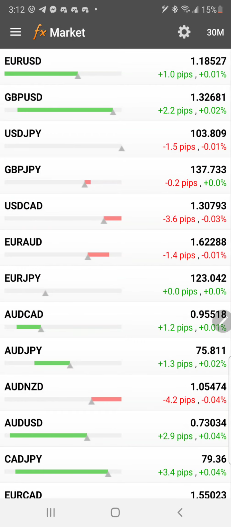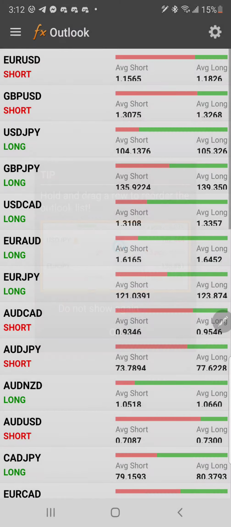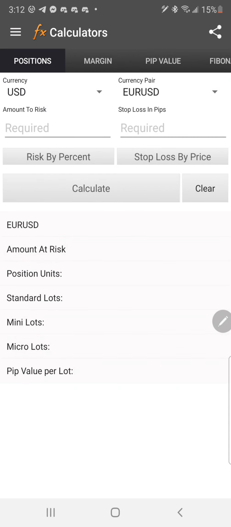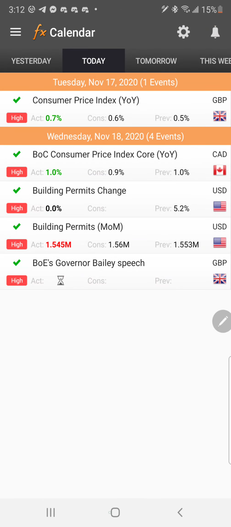And you can kind of get a good look at what the market is doing, how many pips within certain markets are moving, and you can get an outlook. Like overall right now, Euro USD is short, which means it's selling, and some pairs are long. And then you can get some calculators here to really get a calculation of your pips and so on. But primarily, in most cases I use the economic calendar.